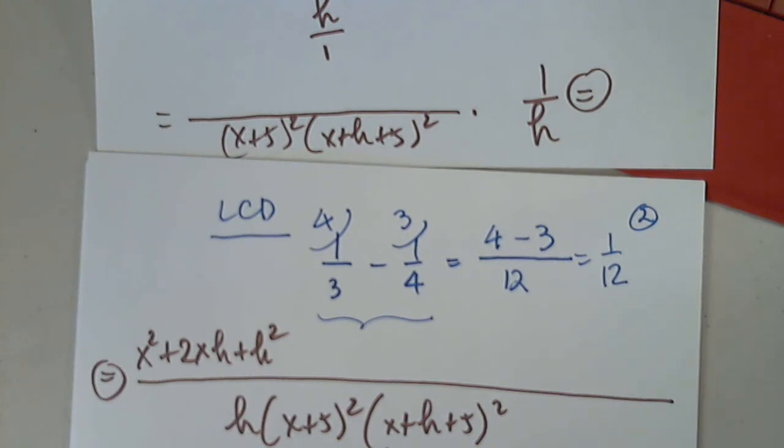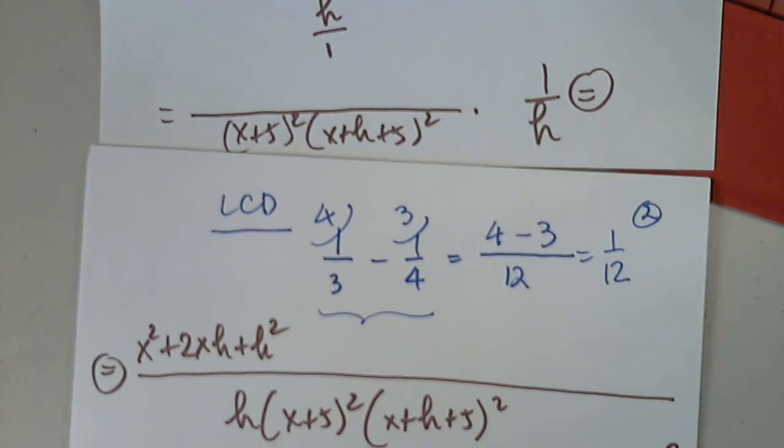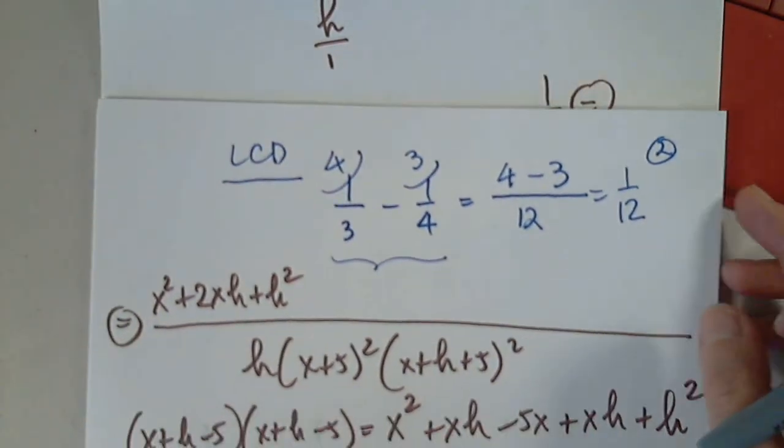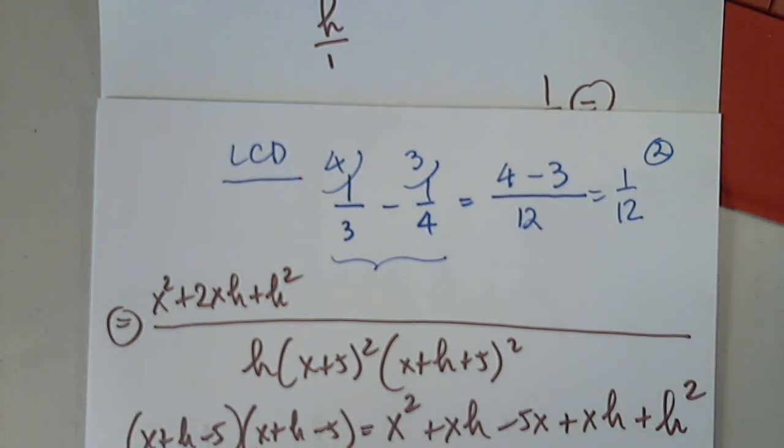So it is x squared plus xh minus 5x plus xh plus h squared minus 5h. I think that could be plus 5 of the x that they want. Say it again. Because the question is that 1 over x plus 5.